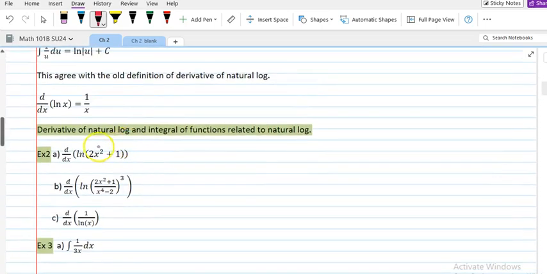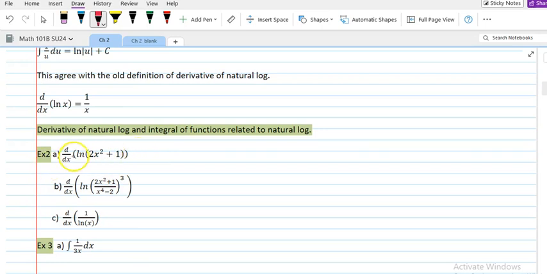Let's do some examples on ln, and an integral of a function of 1 over x would result in ln. Later on in chapter 3, we'll actually do the integral of ln, which uses another method.